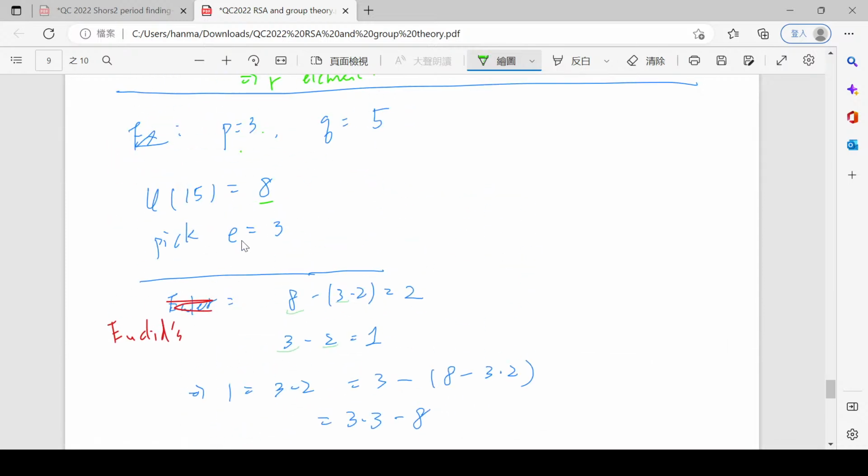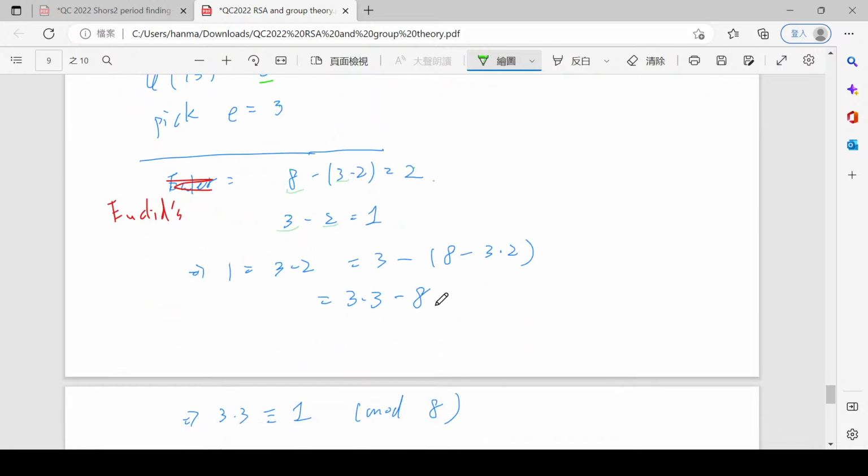First let's see how we calculate the d here. So that's the Euclid. First we see the GCD between 8 and 3. The Euclid algorithm runs by dividing each other back and forth. So you divide 8 by 3, so you get 8 minus 3 times 2 equal to 2. Then you divide 3 by 2, so you have 3 minus 2 equal to 1. And then you can reverse this.